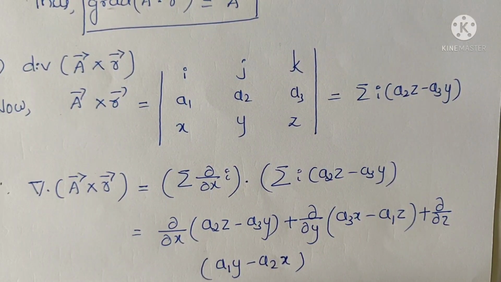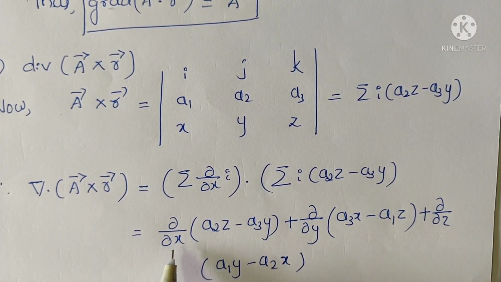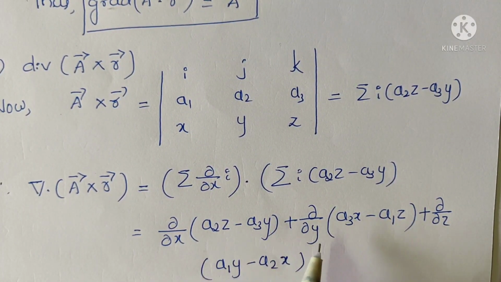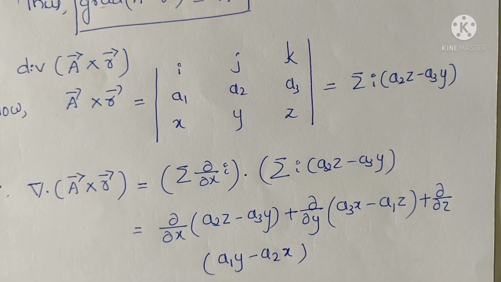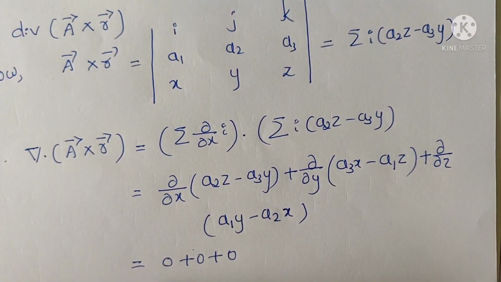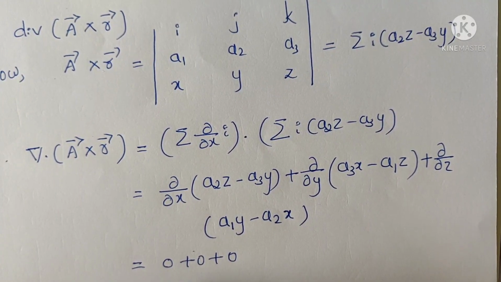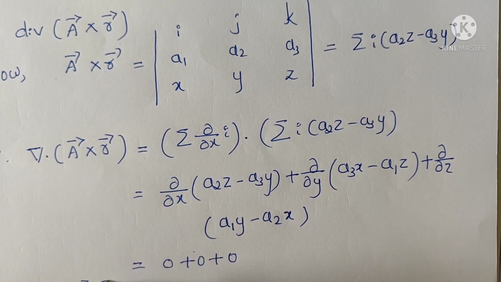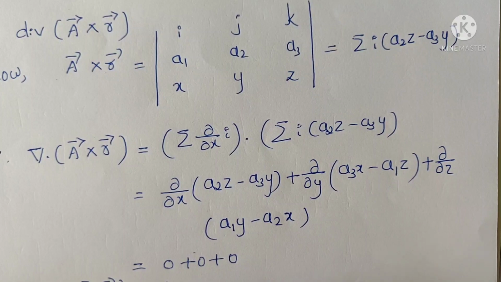So now just observe here, you have to differentiate partially with respect to x, here with respect to y, here with respect to z. Since we don't have respective terms there to differentiate partially, so it is 0. Therefore del dot vector A cross vector R is equal to 0.